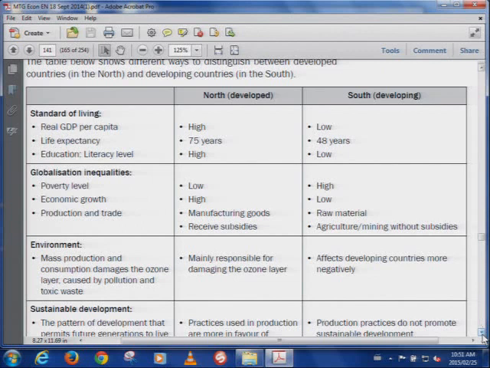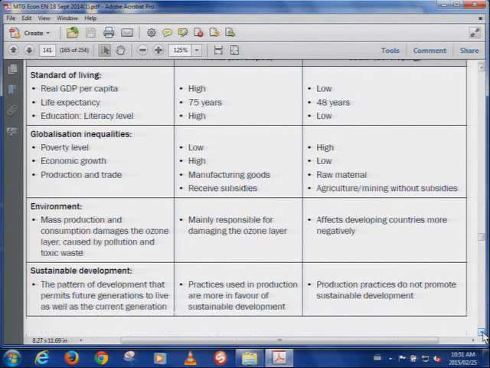Now let's look at globalization as another indicator. Globalization inequalities. The poverty level in the north is low, in the south it's high. The economic growth in the north is high, in the south is low. The production and trade, where we look at manufacturing of goods, the south focus on the manufacturing of goods.